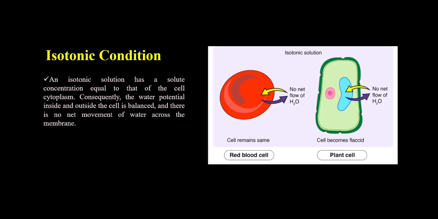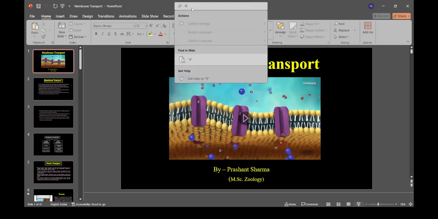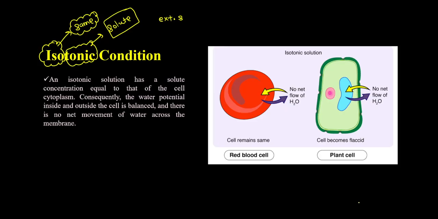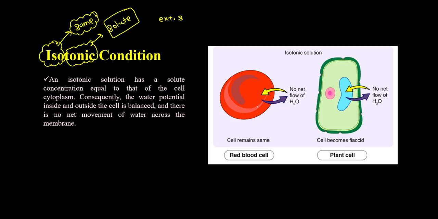First, isotonic condition. Please remember, iso means same, and from tonic you can remember solute. We are talking about the external solution, on the basis of the external solution.